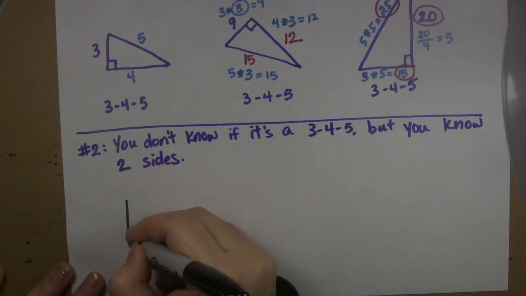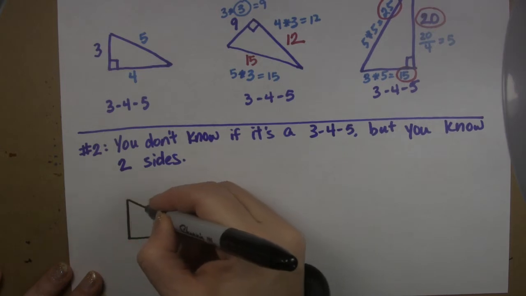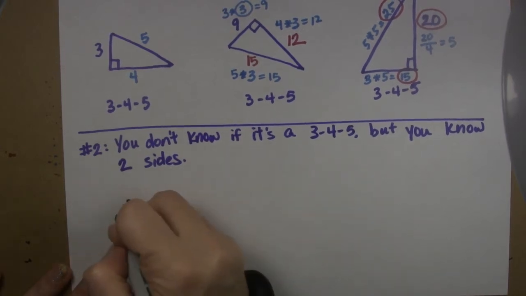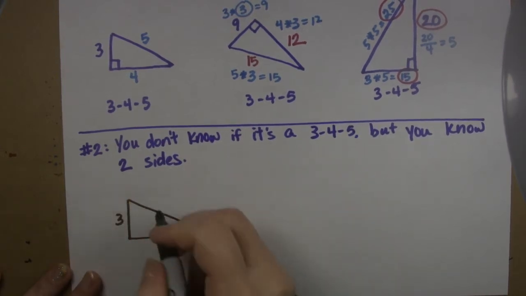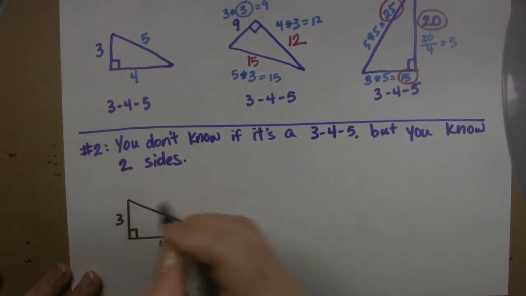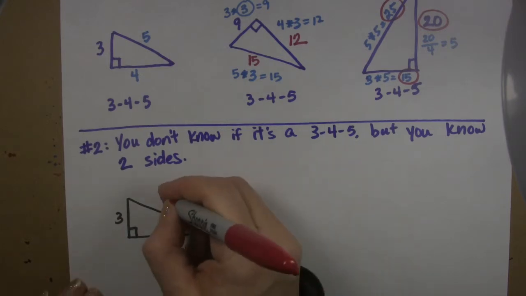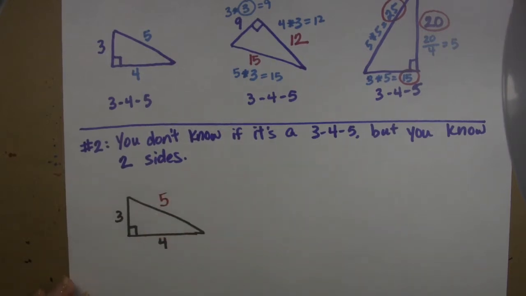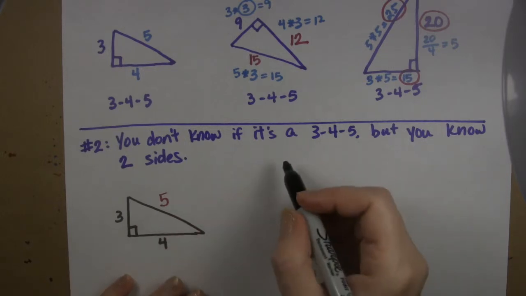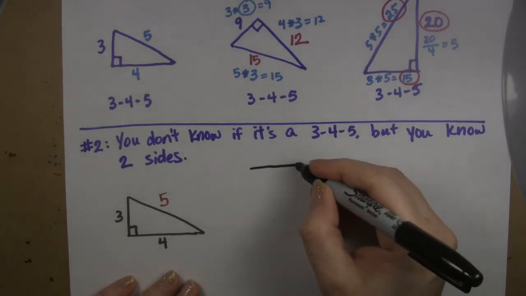So for instance, if I told you this, again, you know it's a right triangle, then you would say, oh, I recognize that that is a 3, 4, 5 triangle. I know it's a right triangle. I know that these 2 sides are in the correct proportion, therefore my hypotenuse has to be that. Likewise, I could do another one like this.